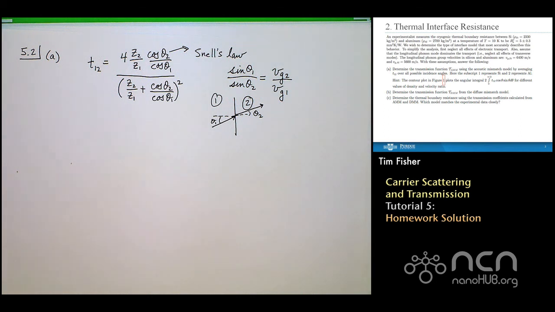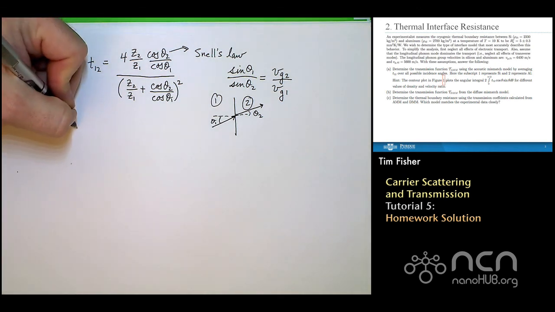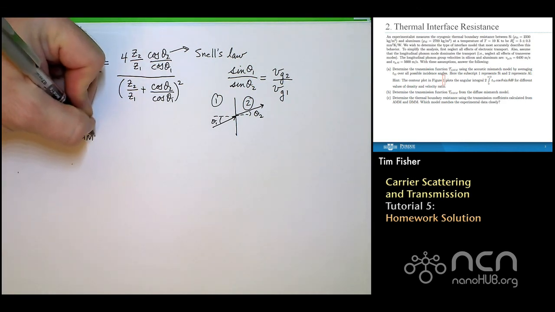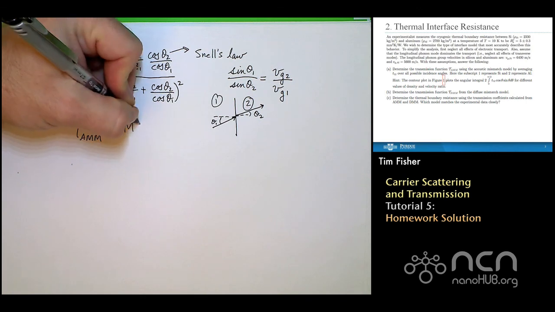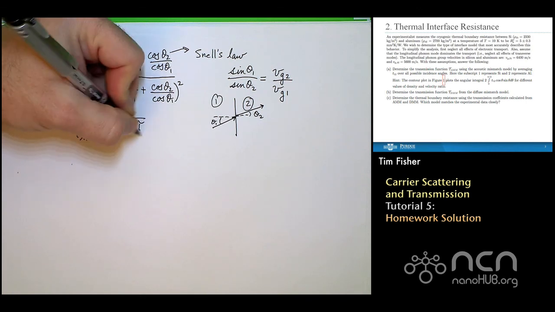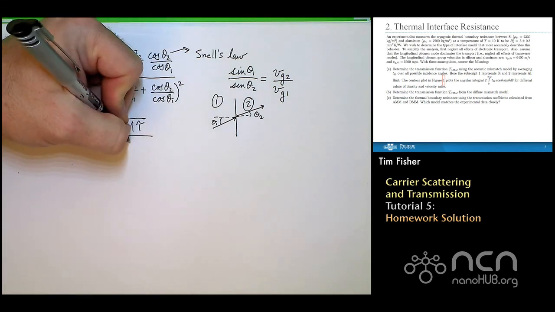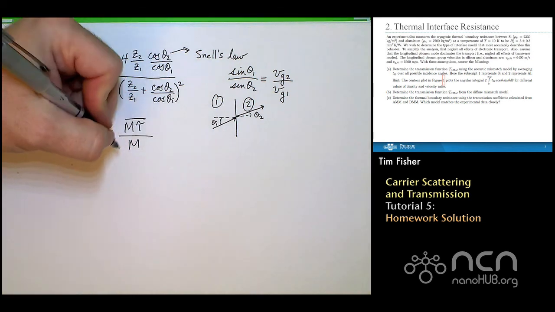And so we need to define a transmission coefficient, we'll call this TAMM, as the product of the number of modes and the transmission function. So that MT, I want you to think of that as one single entity, and we'll normalize it by the number of modes expression that we had from before, just to keep some consistency.